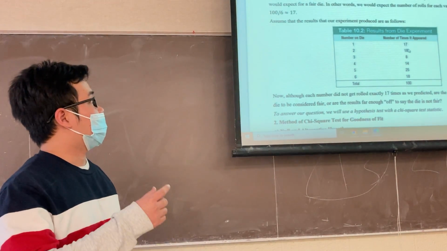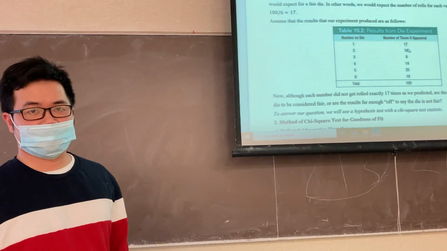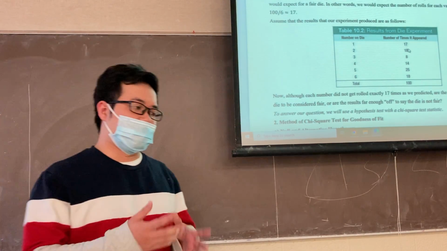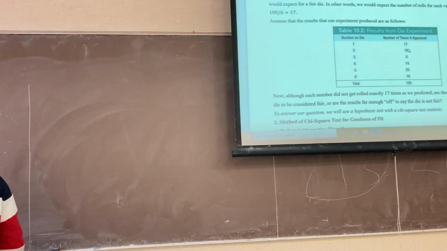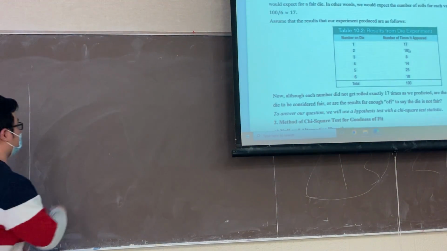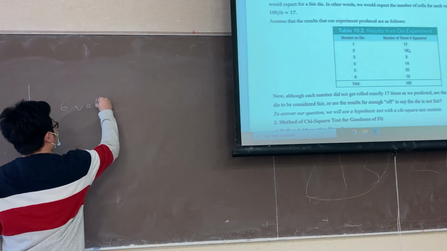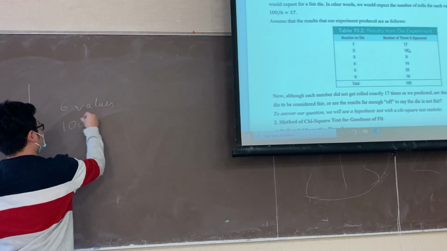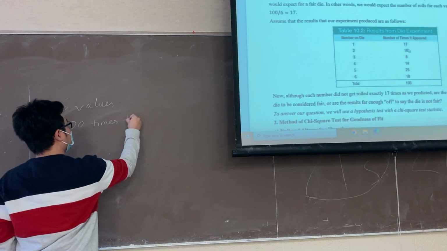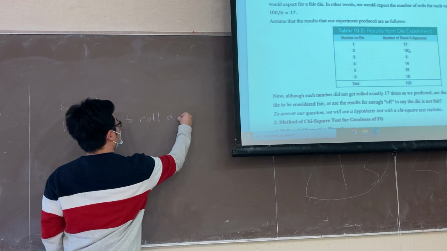I will roll the dice 100 times, and because you have six sides, you have six values, right? And I have 100 rolls.